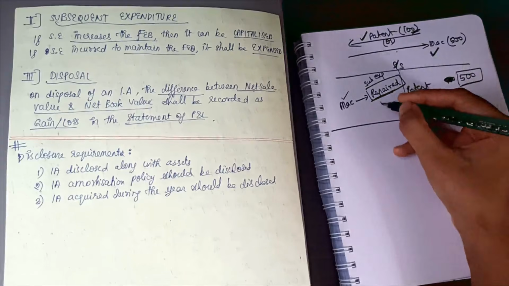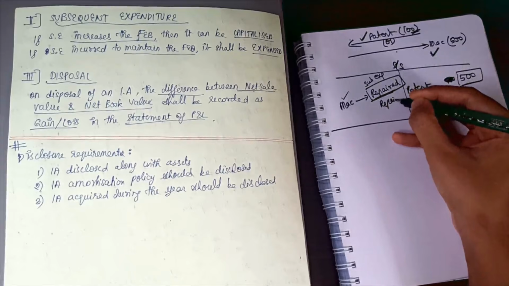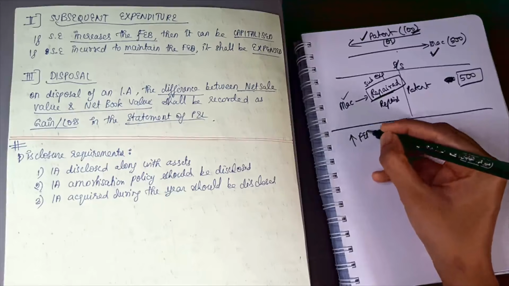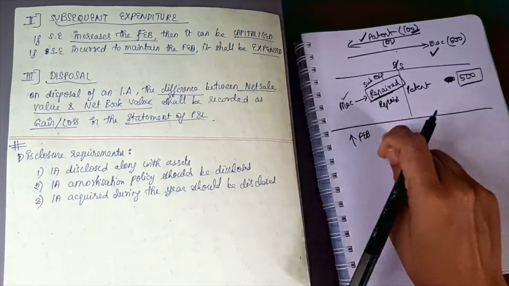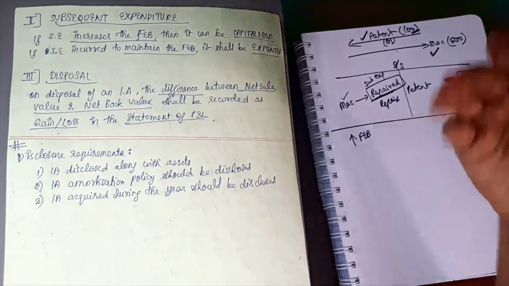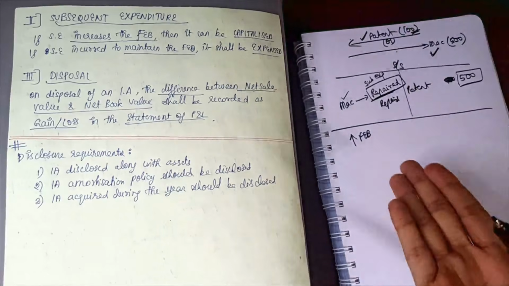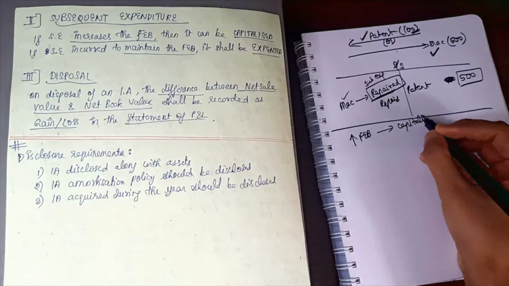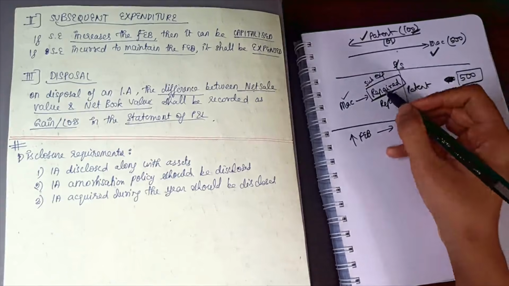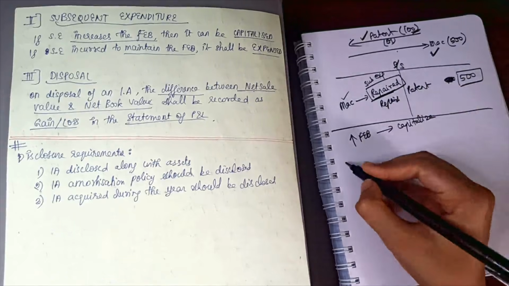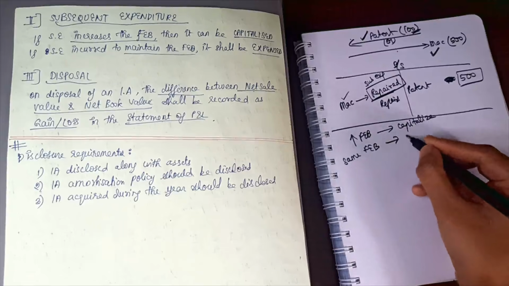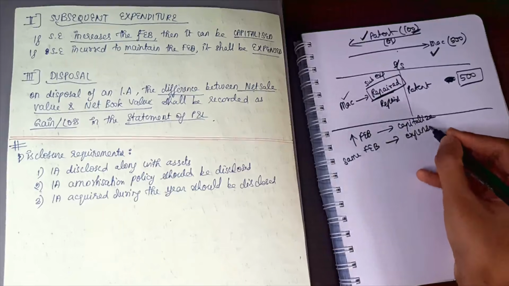Suppose the repair you are going to do gives you more future economic benefit than what you are earning now. That is, it is going to increase the future economic benefit. Then you have to capitalize it. If the repair you have done is just going to maintain the same future economic benefit as you are earning now, then you need to expense it to P&L.